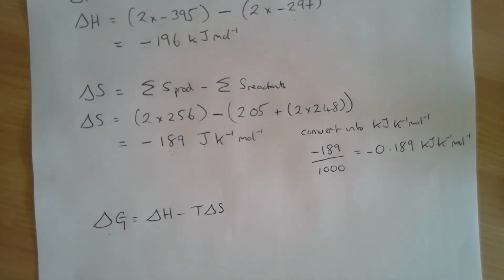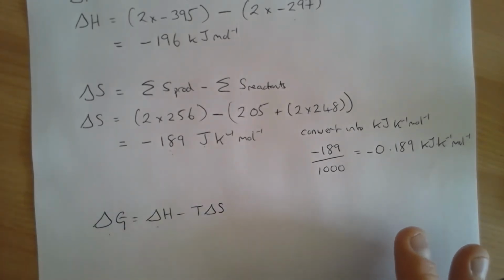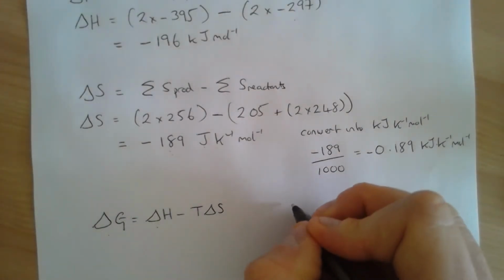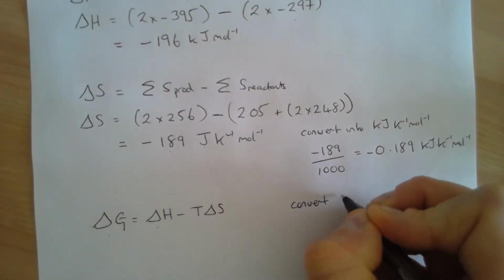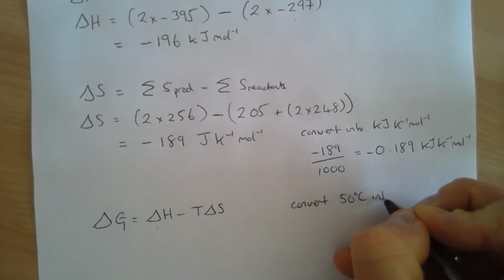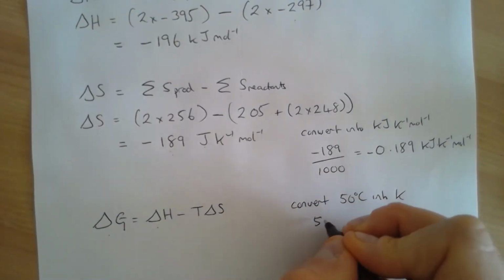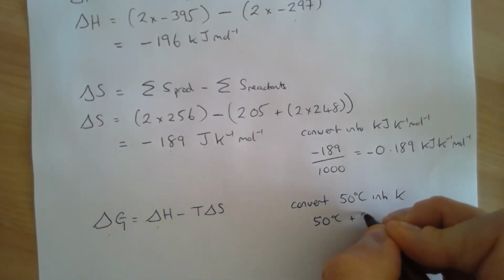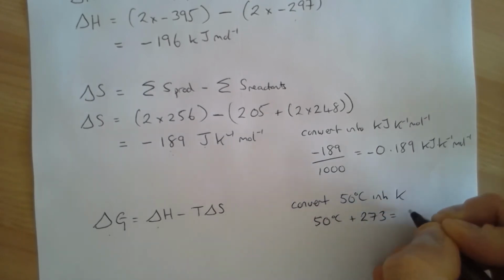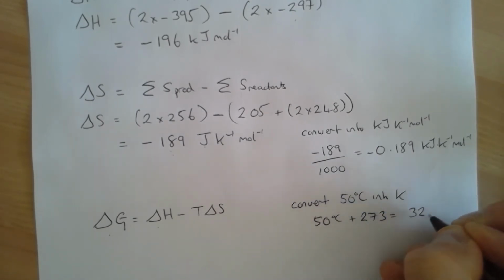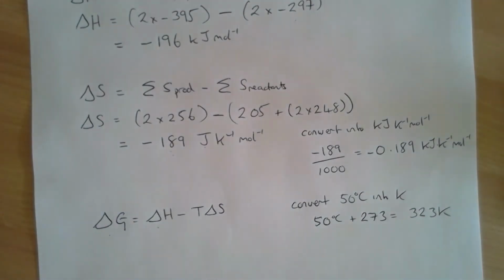I'm also going to have to convert temperature into kelvins. So as we looked at earlier, 50 degrees Celsius plus 273 gives us 323 Kelvin for the temperature.